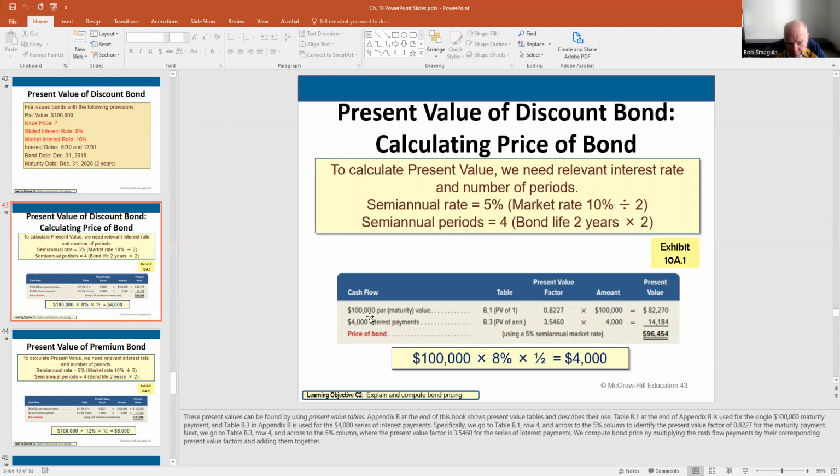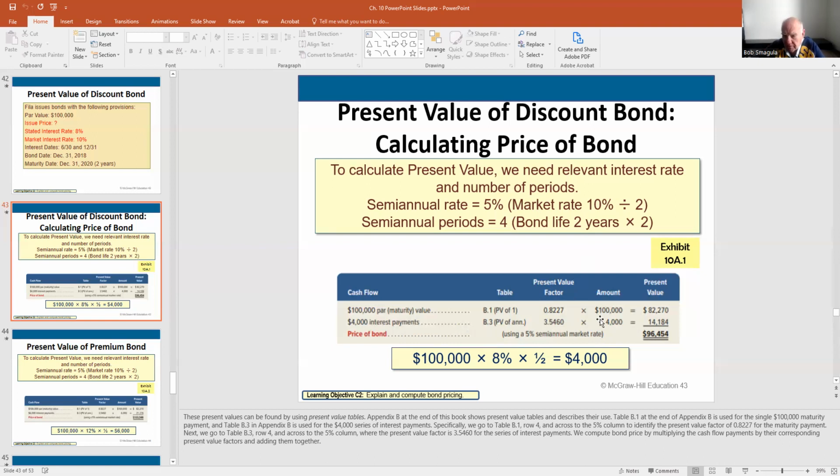So here we go. $100,000 par value. We have an annuity of $4,000 per every 6 months. So the present value of $1 at 10%, the market rate was 10%. Multiply that by 100,000, 82,270. In other words, you take the $100,000, which is a single amount we have to pay at the end of the period.